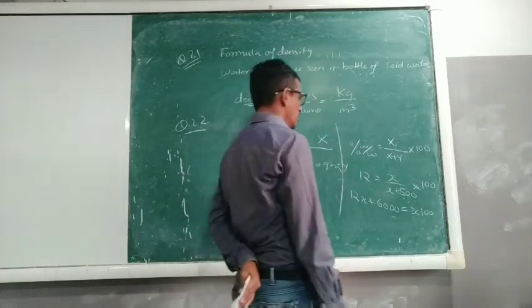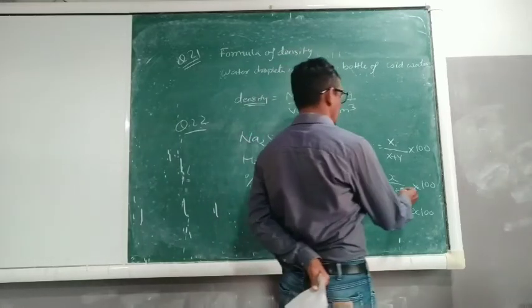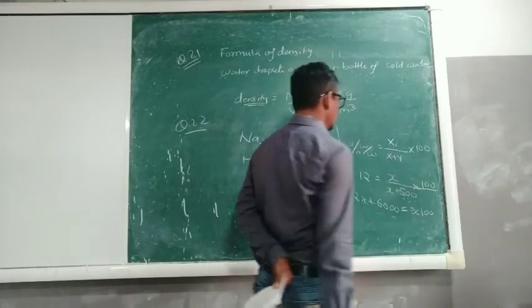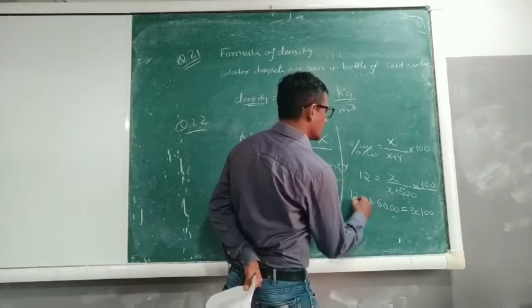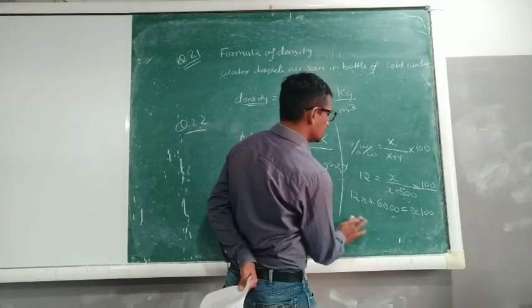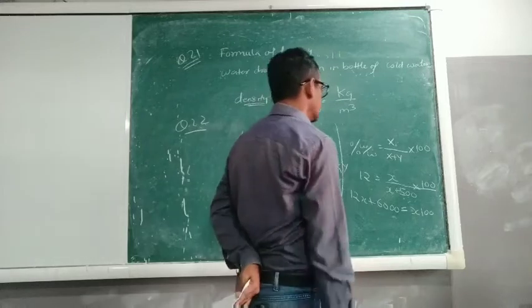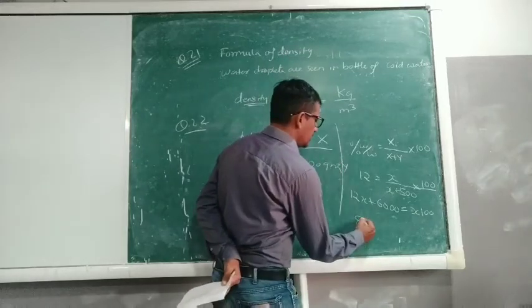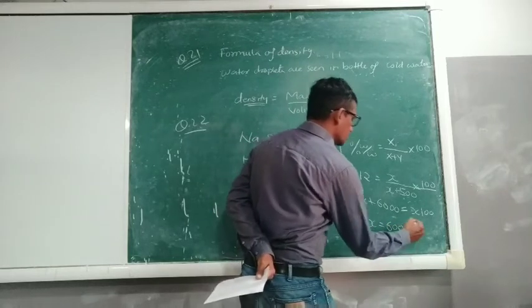If you take 12x on the other side, then it will be 100 minus 12, which is 88x is equal to 6000.